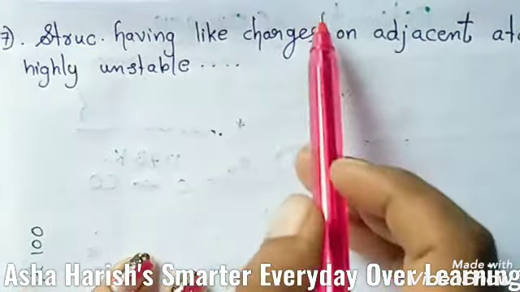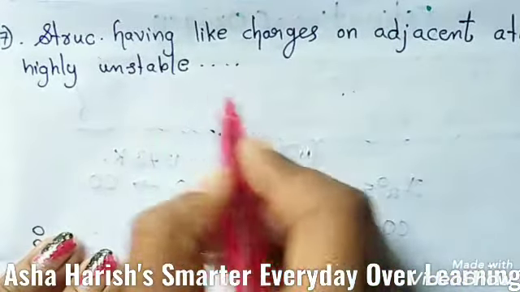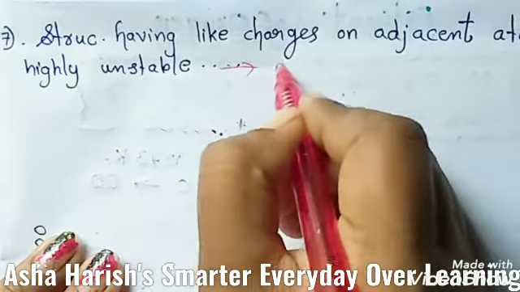Structures having like charges on adjacent atoms are highly unstable and hence contribute little towards the resonance hybrid.